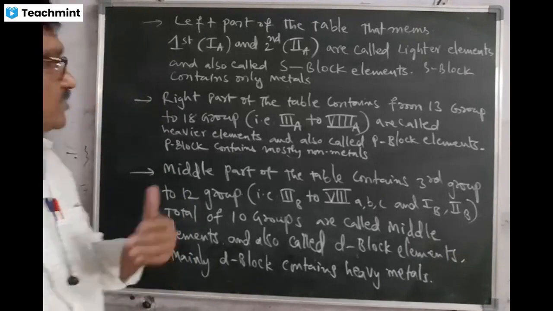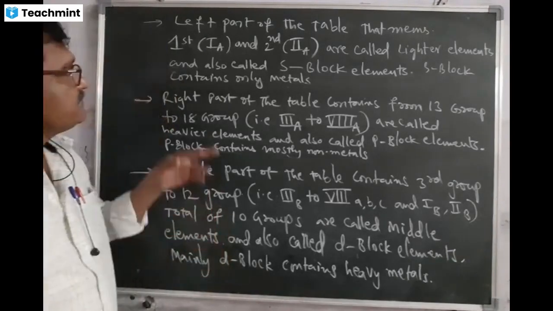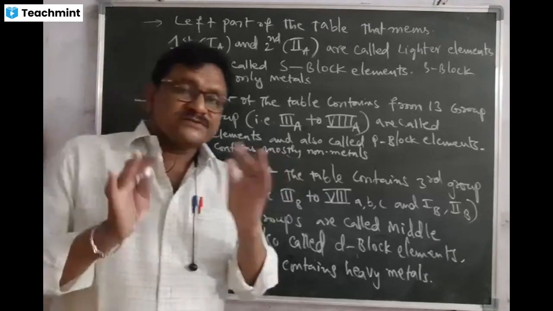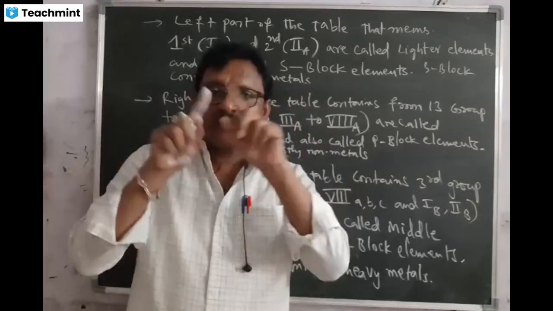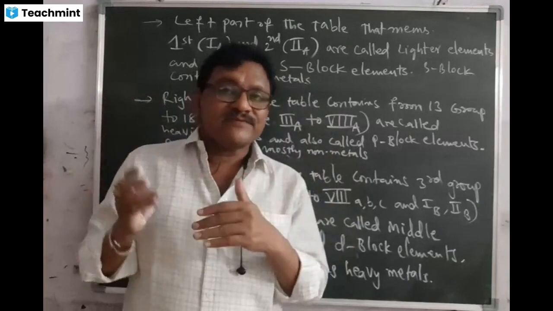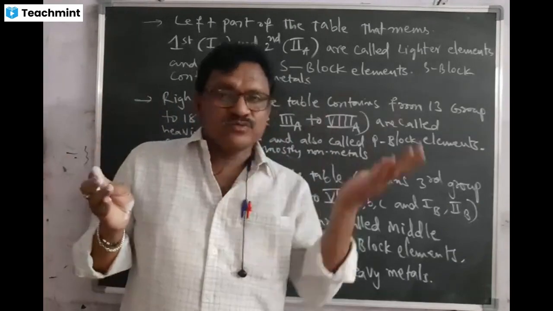Lucky, listen carefully one more time. I would like to explain one more time. Just now we have seen and written the long form of the periodic table. We wrote from first group to 18 groups.